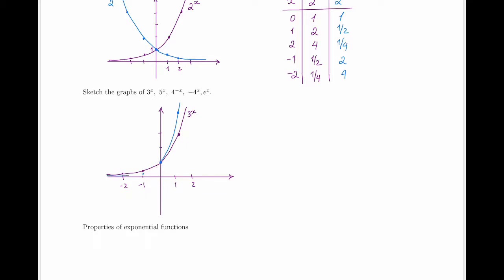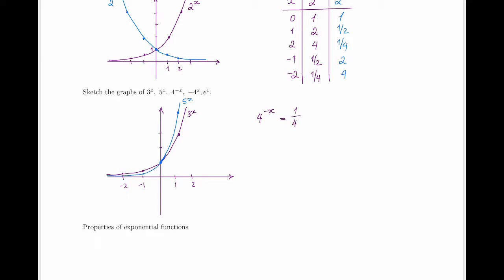So on the negative side, my graph will lie below the 3 to the x graph. Okay, so at the y-intercept is where the switch happens. First, the 3 to the x was dominating or on top here, and then after the switch, 5 to the x actually surpasses it.